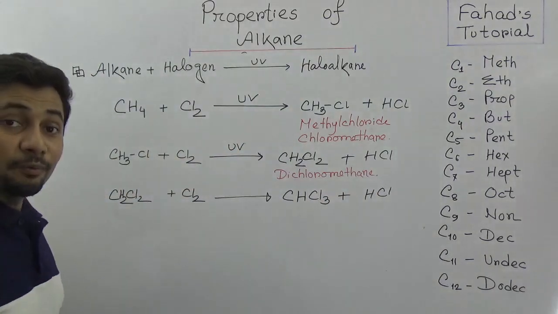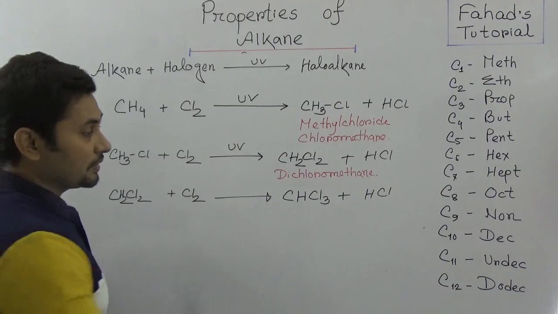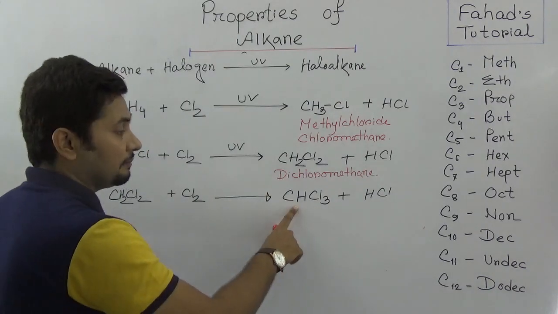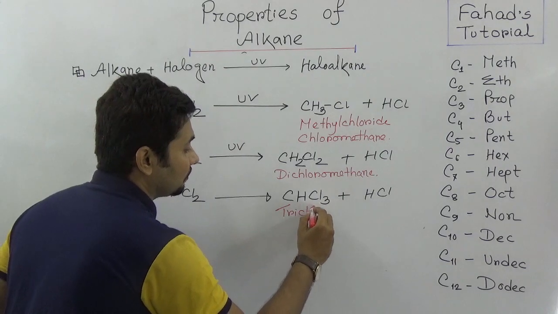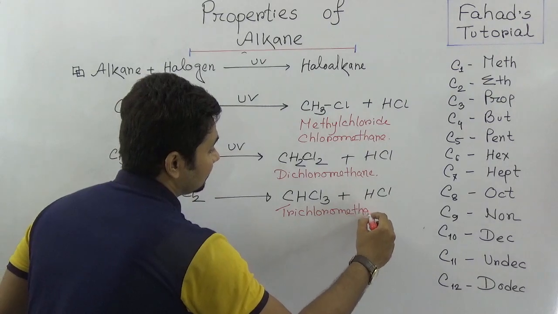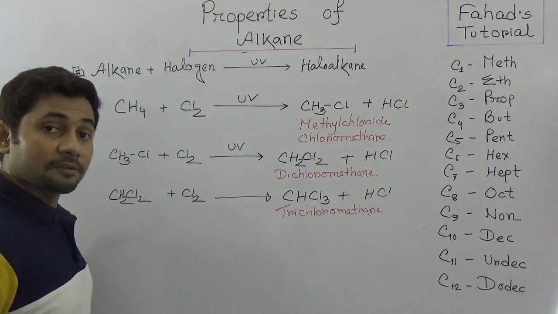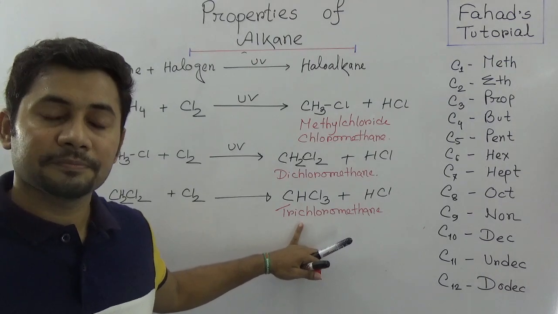Now 1 hydrogen is again substituted by 1 chlorine. So the number of chlorine is 3 now, and the number of hydrogen is 1. So we can say this is trichloromethane, or CHCl3, the name is chloroform.